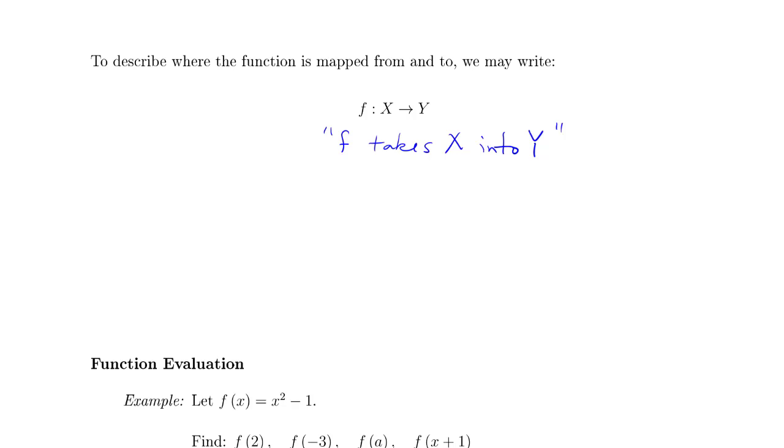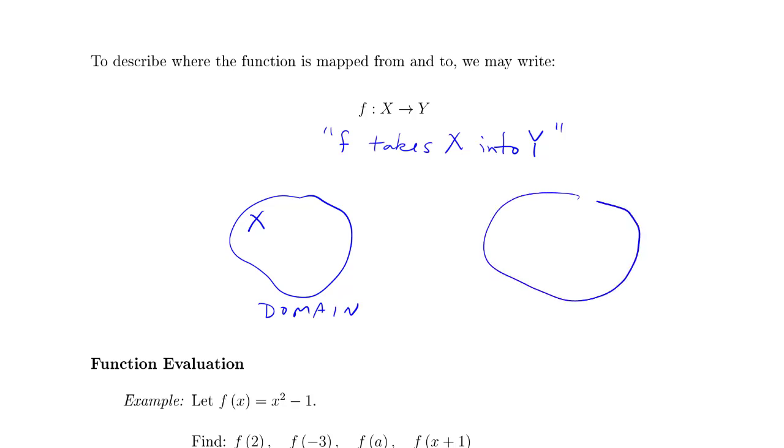This describes the picture that we've been looking at, where capital X is your domain, and then we have another set here. This capital Y is this other big set. Within that set, because we're being taken into it, is the range. So Y can have values that aren't actually in the range.